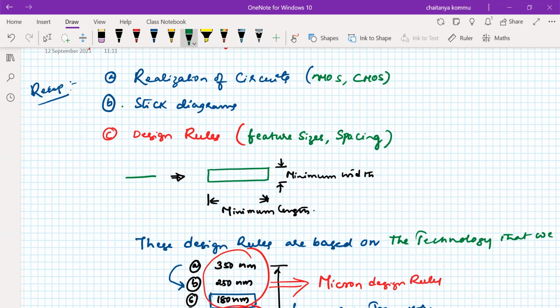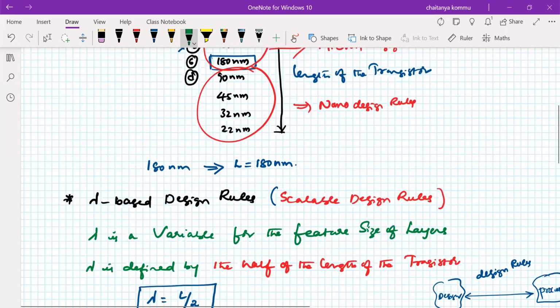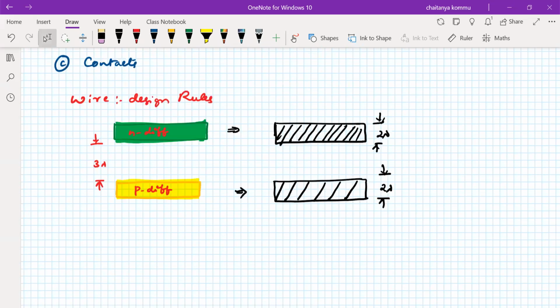Here the feature size is 2 lambda we have to maintain. The spacing between the two layers must be 3 lambda, as I mentioned very carefully, whether N diffusion to N diffusion, P diffusion to P diffusion, or N diffusion to P diffusion.